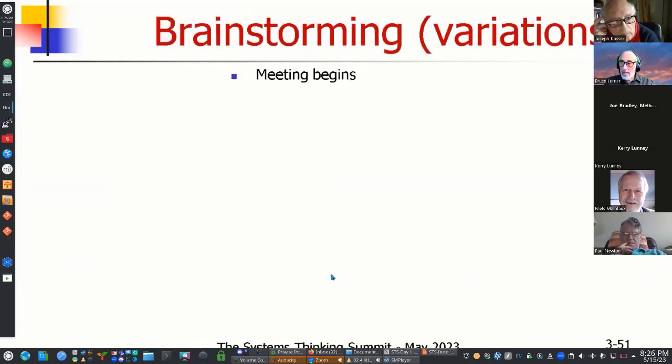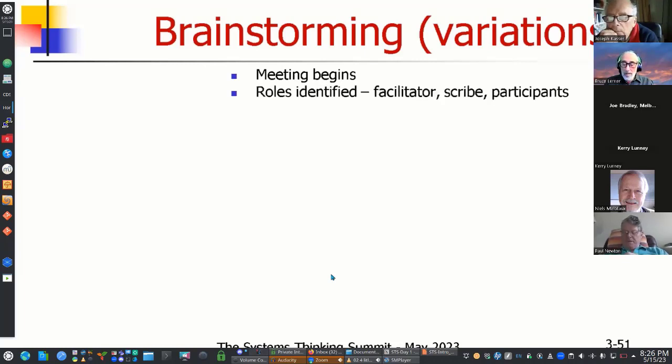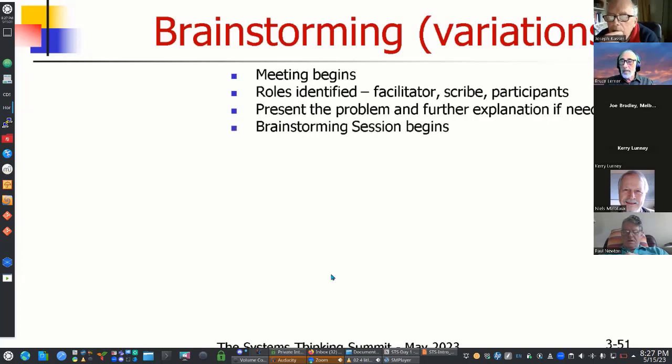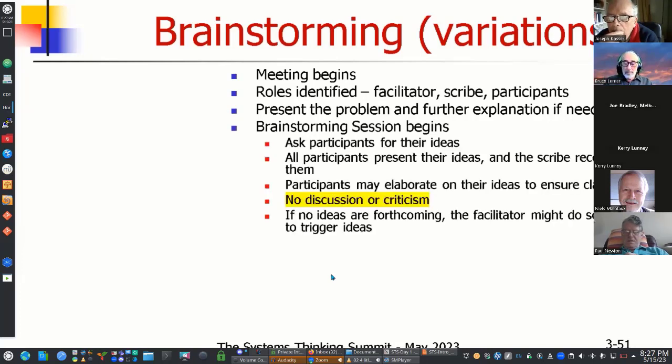So in the various variations of brainstorming, the meeting begins, the roles are identified, who's the facilitator, who's the scribe, participants know who they are. Somebody presents the problem and any further explanation if it's needed. The brainstorming session begins. Ask participants for their ideas. All participants present their ideas and the scribe records them. Participants may elaborate on their ideas to ensure clarity.